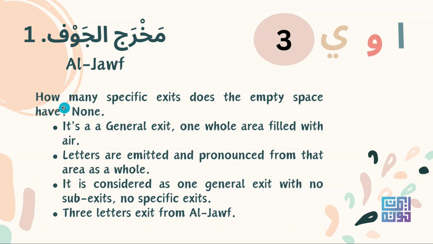But before we mention them, we need to know how many specific exits does the empty space have? Remember last time when we said that there is a general exit, and then it could be divided into specific exits.